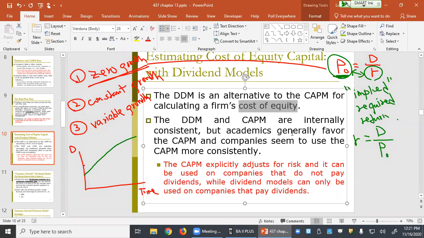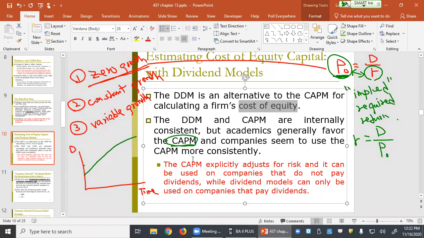But academics generally favor the CAPM equation, while companies seem to use CAPM more consistently. Okay, the truth is that CAPM, even though in the past 30 years it has been proven to have very low adjusted R square, is still the most popular model in the corporate world. Okay, when it comes to estimating the cost of equity, it is the most popular model.